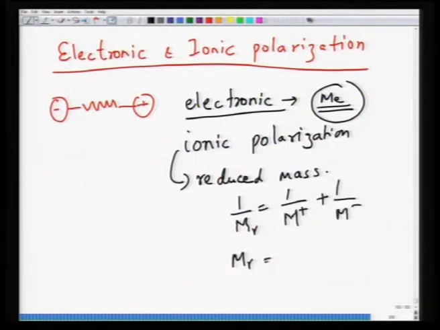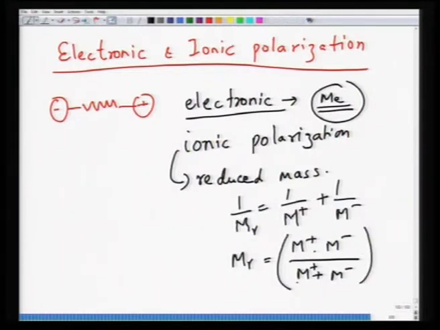So, m_r will be equal to m plus into m minus divided by m plus plus m minus, where m plus is the mass of the cation, m minus is the mass of the anion, and this is the effective mass. Here we are taking it in terms of the mass of the electron. So, the methodology is similar, except that the masses change. So, we will treat both of them in a similar fashion.